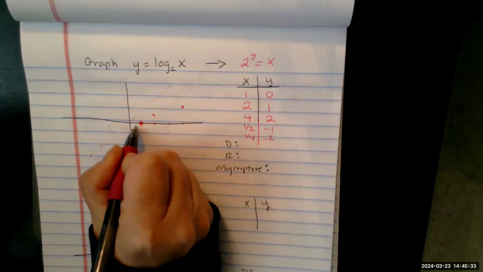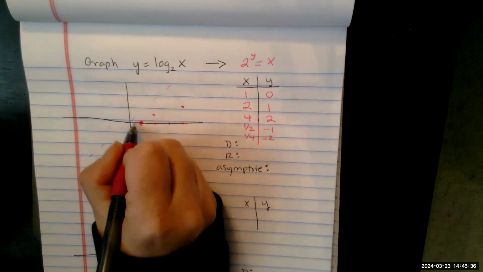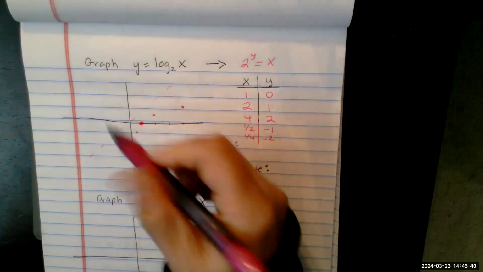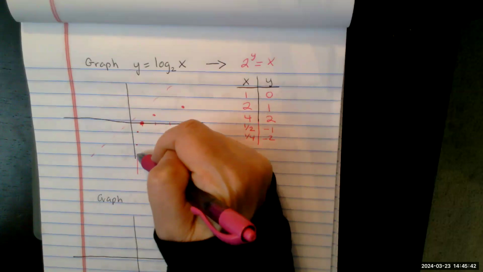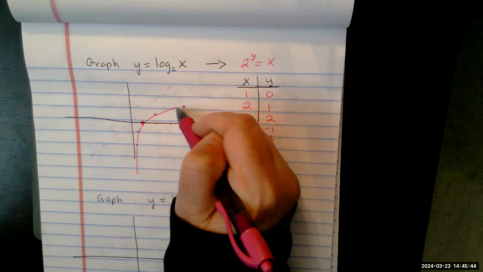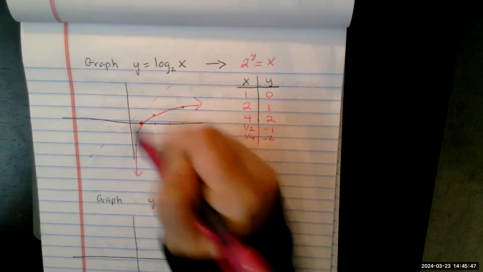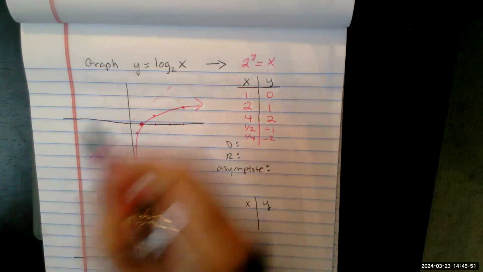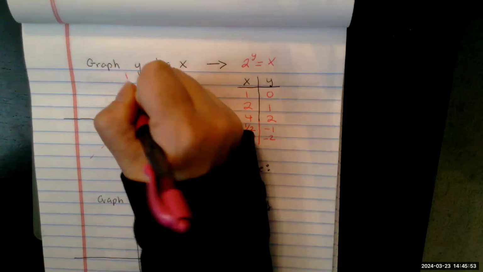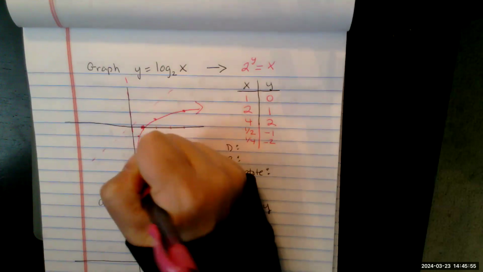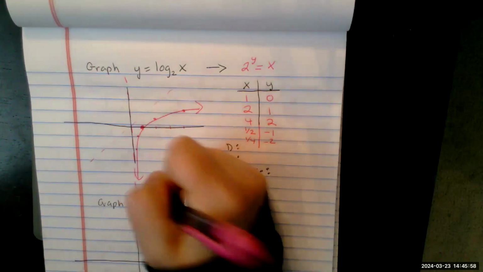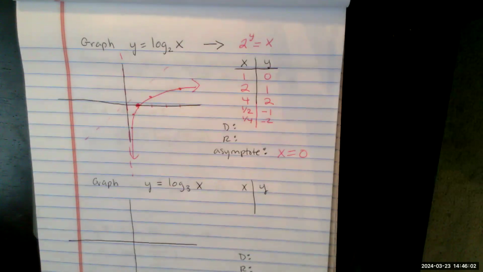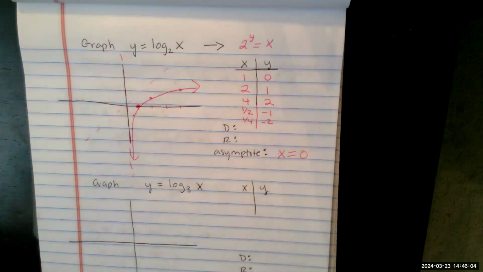At 1/2, we get -1. At 1/4, we get -2. So do you see how, again, we're getting closer and closer to something, but it's the y-axis instead of the x-axis, which means our vertical asymptote this time is going to be x equals 0, which again makes sense because we said that the x's and the y's are going to flip.